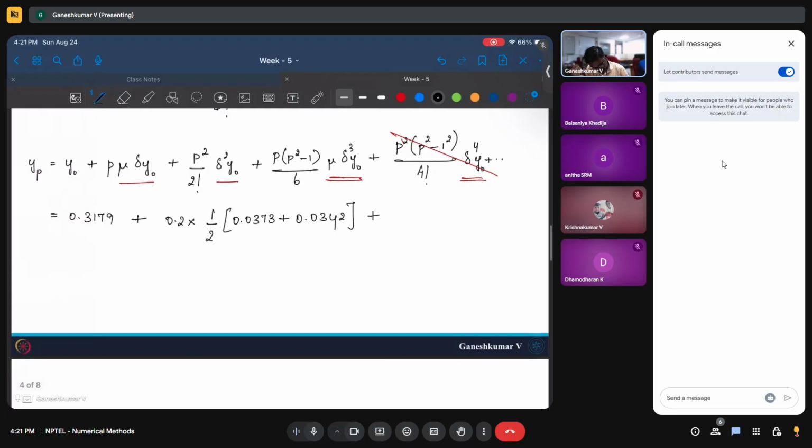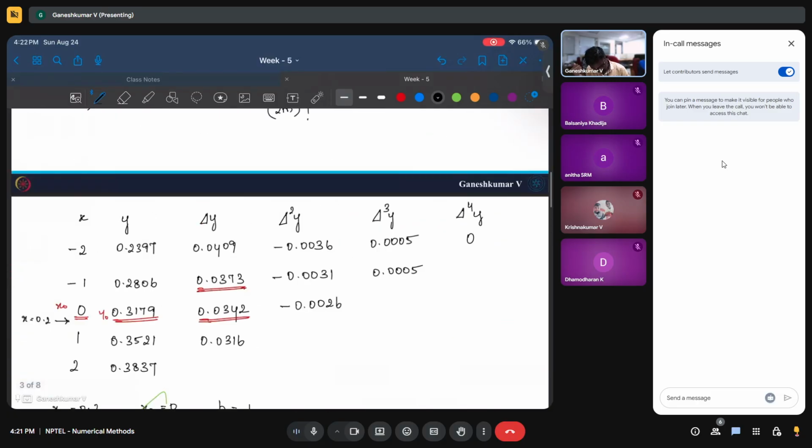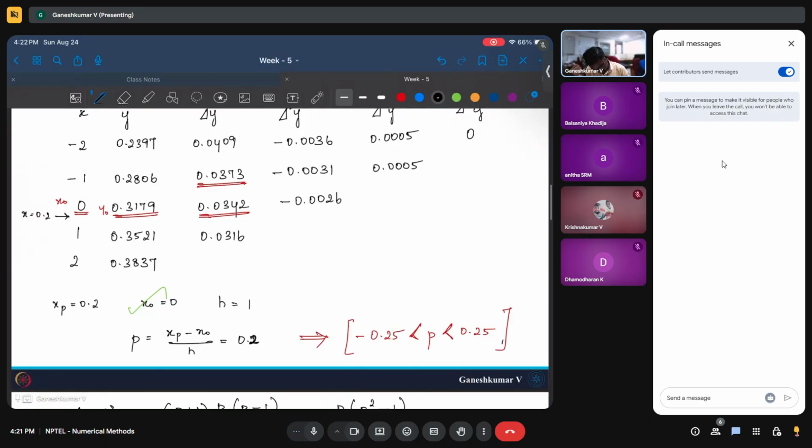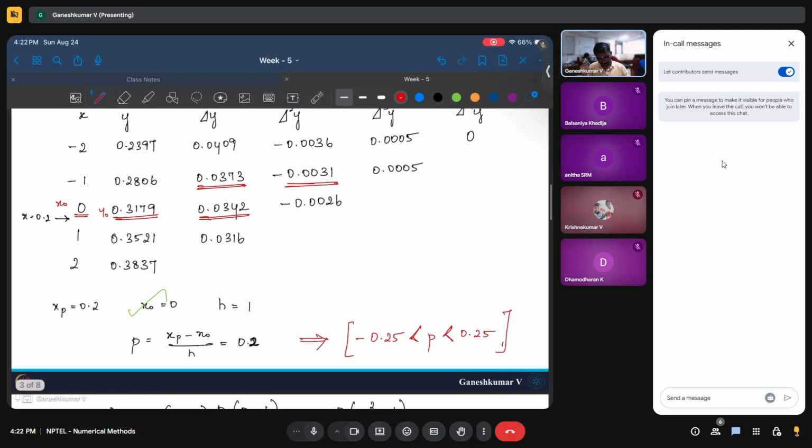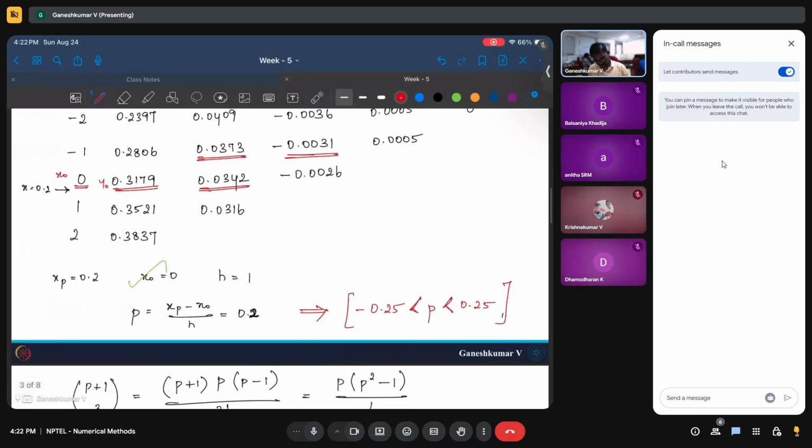And then you have p into p square minus 1, which is 0.2 into 0.2 square minus 1 divided by 6 into, oh okay, sorry, we missed the term. Now this term, which is 0.2 square by 2 factorial, which is 2, into delta square y naught, is going to be simply this one.